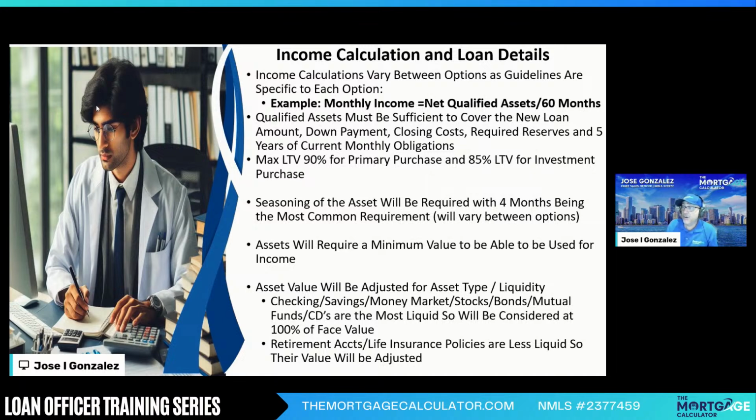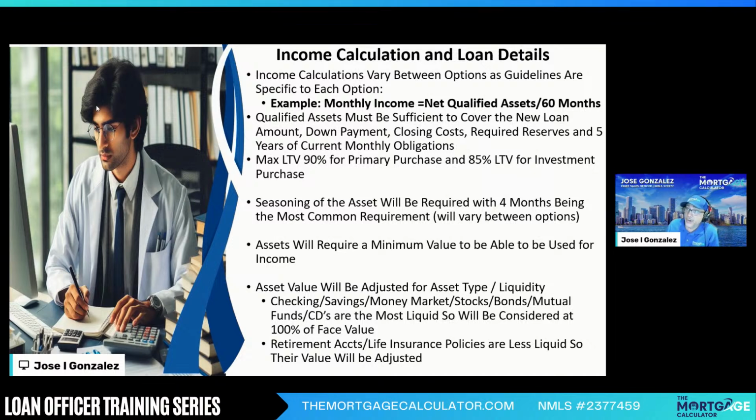Because the DSCR loan is going to use the rental income generated from the property, whether it be from long-term rent or from short-term rent, right? That's going to be the only determining factor on how you're going to calculate the income for the DSCR. Well, asset utilization, just as simple, right?